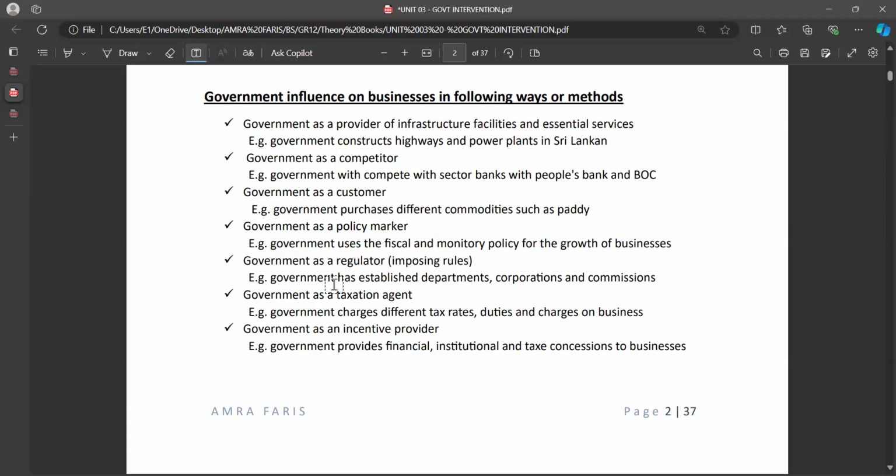First thing is government influence as a provider of infrastructure facilities and essential services.